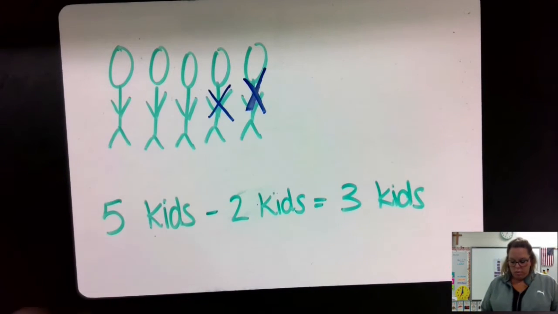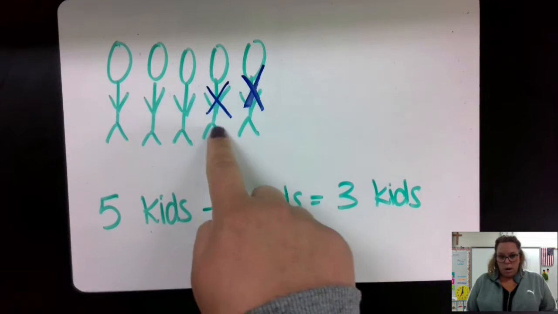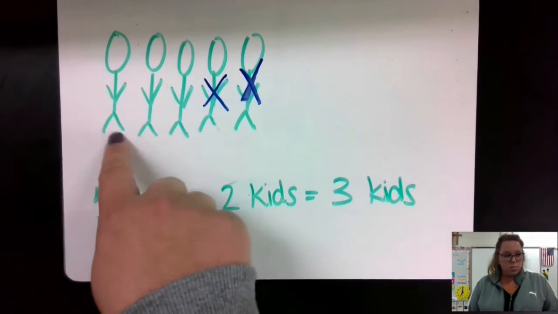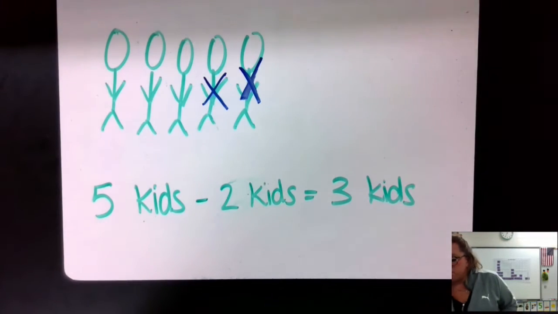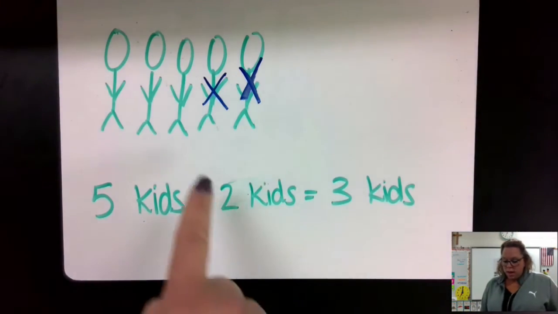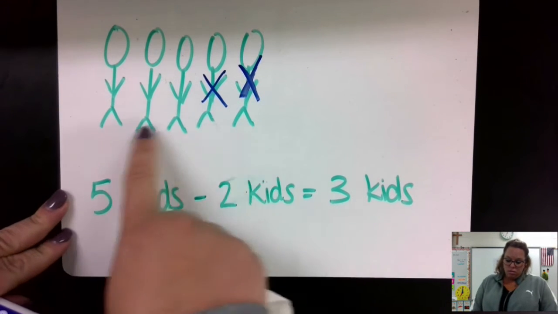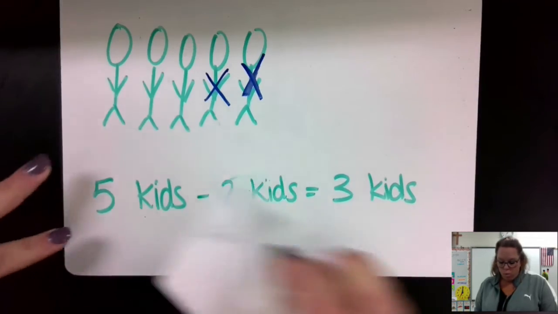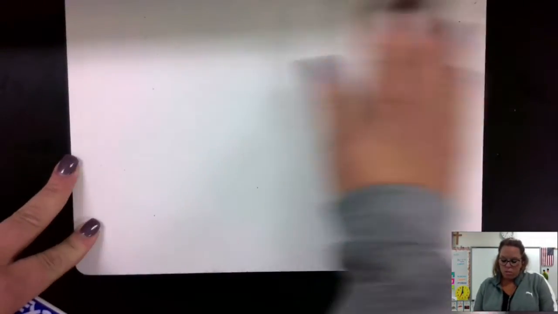Okay, you just told me we started with 5. We got rid of 2 because their moms came, so we had to cross them out, and that leaves us with 3. Now, notice how I crossed them off at the end, not in the middle. That's because it's then easier for us to count what we have left over. Some went away means we're going to have something left. Our number won't be bigger when we're done. It'll be smaller.